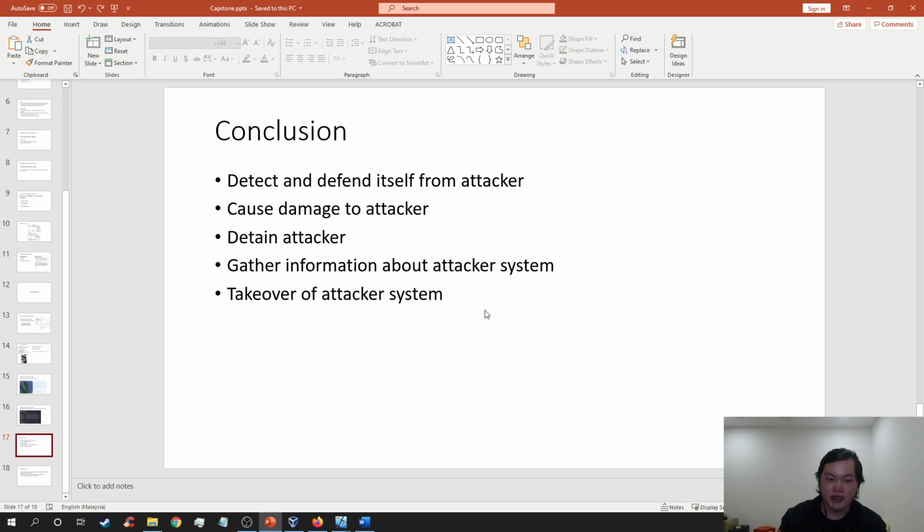So besides that, we can also gather information about the attacker from that fingerprinting method used by the honey token, and the takeover of the attacker system using the payload in Metasploit.